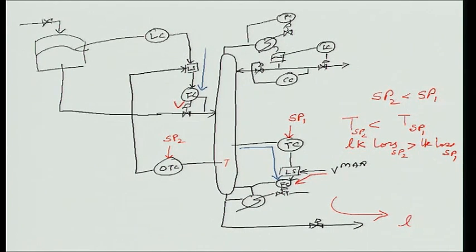Since the level of this tank has to be controlled, ordinarily, well, again there will be a low select here, and I will tell you how that is done. Let me draw it and then I can explain it to you later on. I have an override level controller.